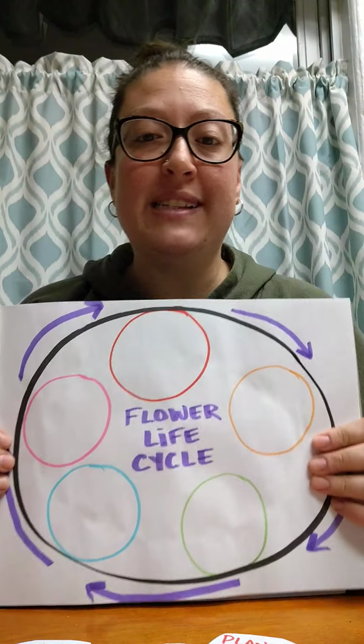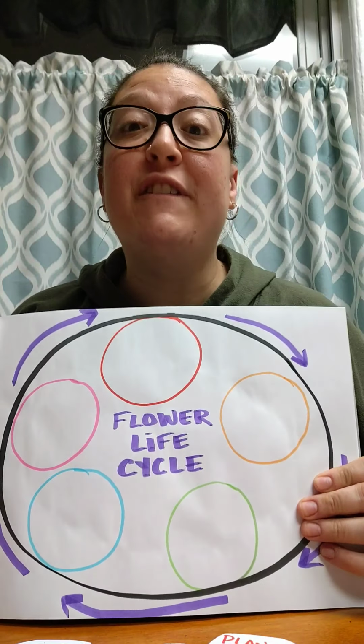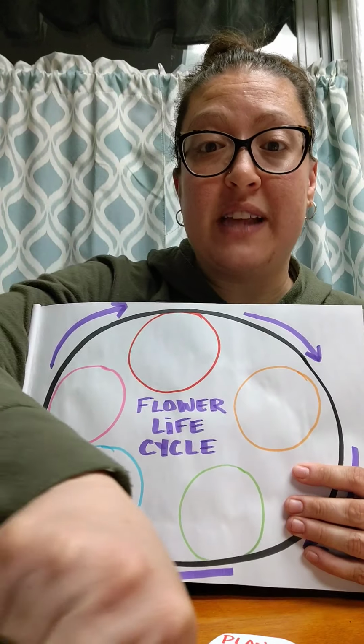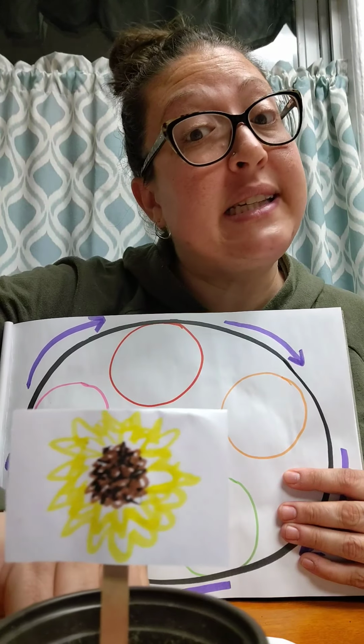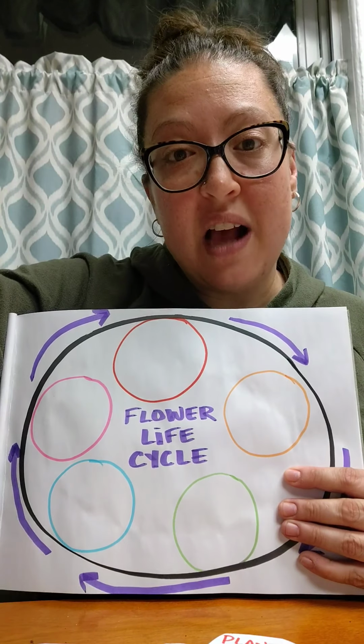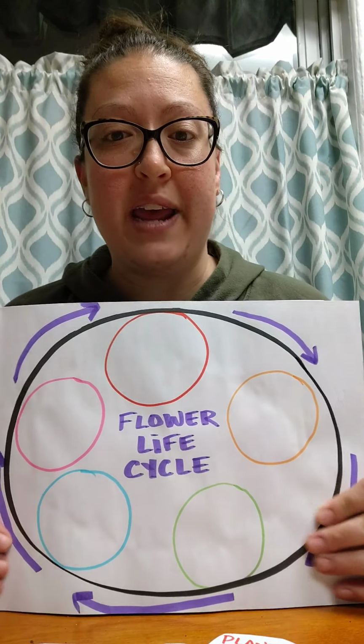All right, so here we go. We're talking about a plant's life cycle, specifically a flower's life cycle. This kind of flower, like a sunflower that has that seed pod in the middle, is the kind of flower we're talking about today.